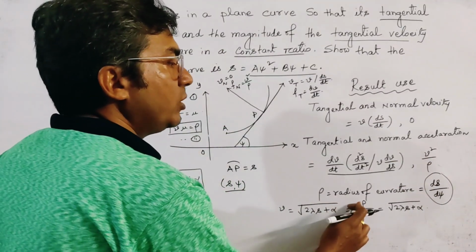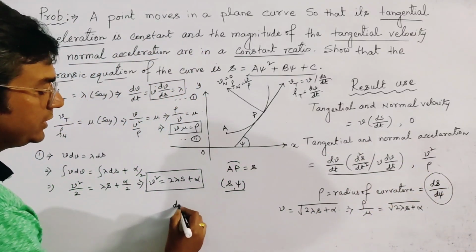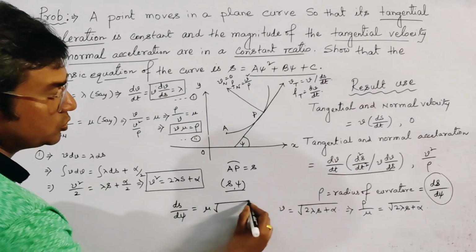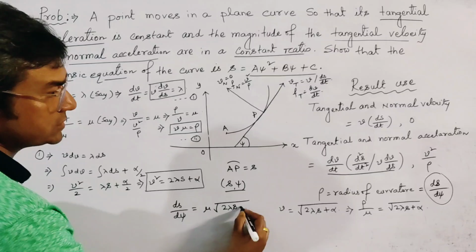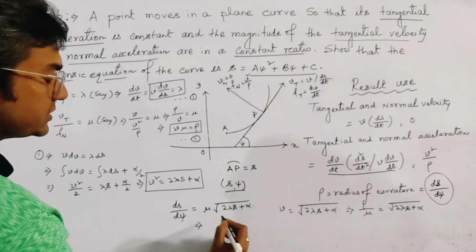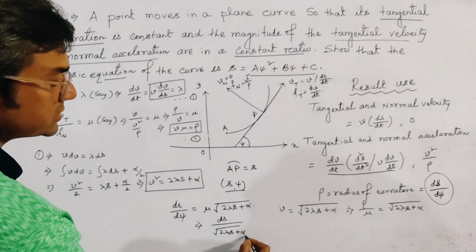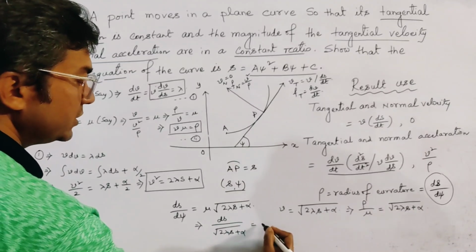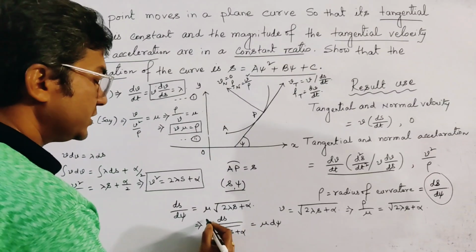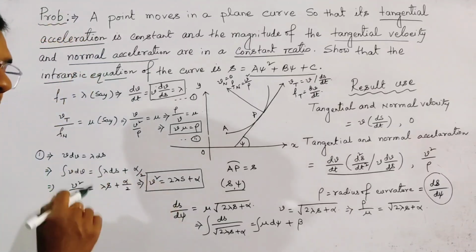Now we put the value of rho, which is ds by d psi. So we get ds by d psi equals mu into root under 2 lambda s plus alpha. From here we write ds by root under 2 lambda s plus alpha equals mu into d psi. Again we integrate this relation and put another integrating constant, beta.